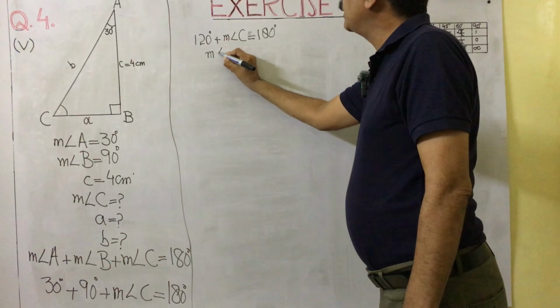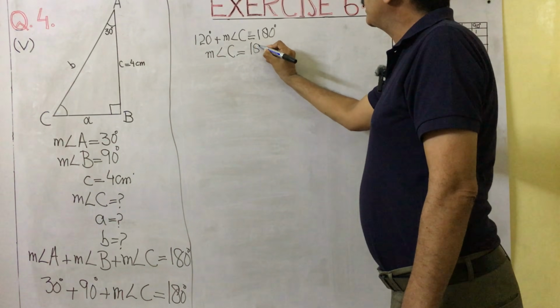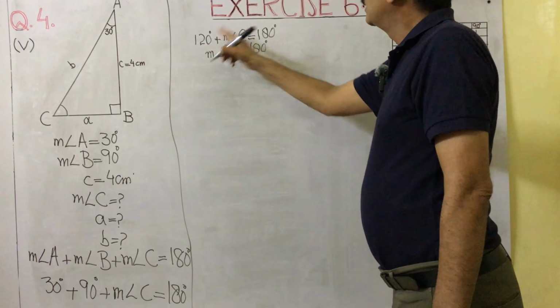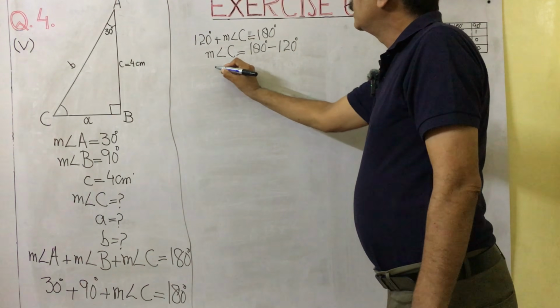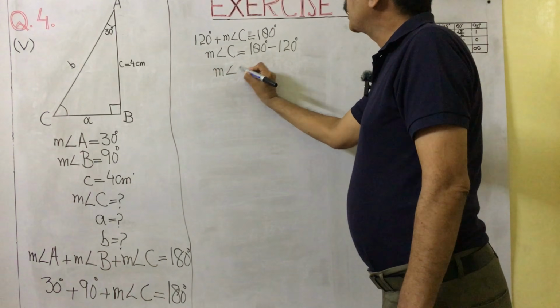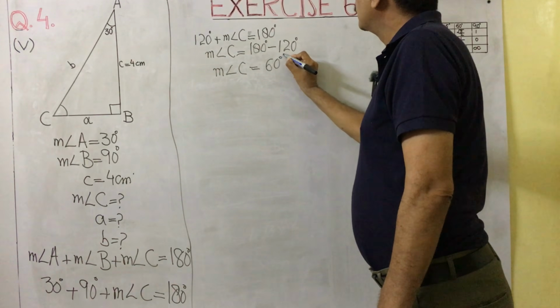Therefore, angle C is equal to 180 degrees minus 120 degrees. Angle C comes to be 60 degrees.